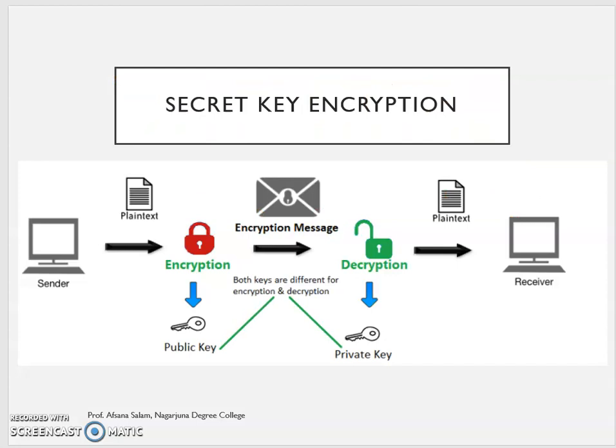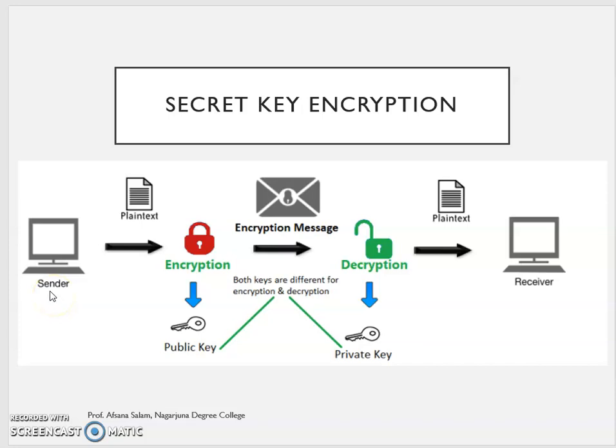We have secret key encryption also. See here, what I said, sender. So I'm sending you a plain text, as we have seen, all the ABCDEF. So as I said, we have seen this encryption already.